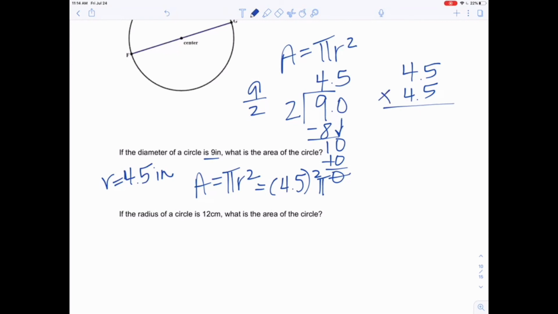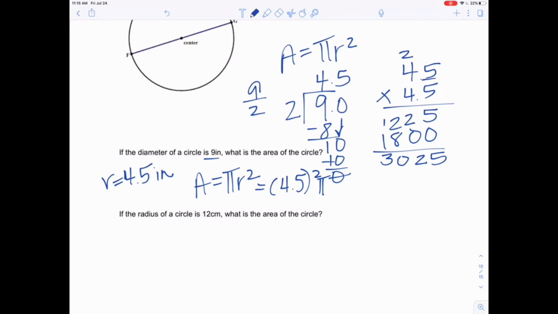So now, squaring 4.5, 5 times 5 is 25, carry the 2. 5 times 4 is 20, plus 2 is 22, placeholder 0. 4 times 5 is 20, carry the 2. 4 times 4 is 16, plus 2 is 18. I'm going to add this up to 10, 3, 0, 25.